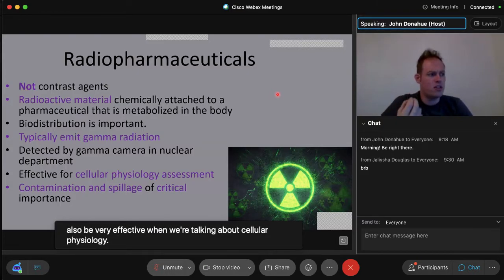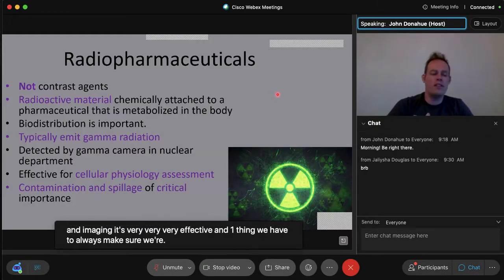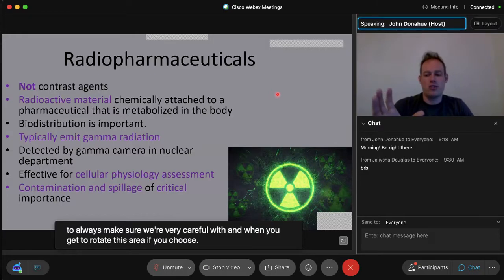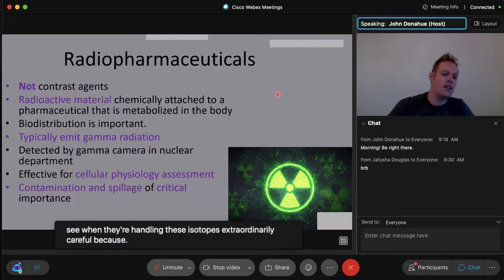We want to look at things down at the cellular level in imaging. It's very, very effective. And one thing we have to always make sure we're very careful with, and when you get to rotate this area, if you choose to, this is something that you'll see when they're handling these isotopes. They're extraordinarily careful because contamination and spillage is very critical.